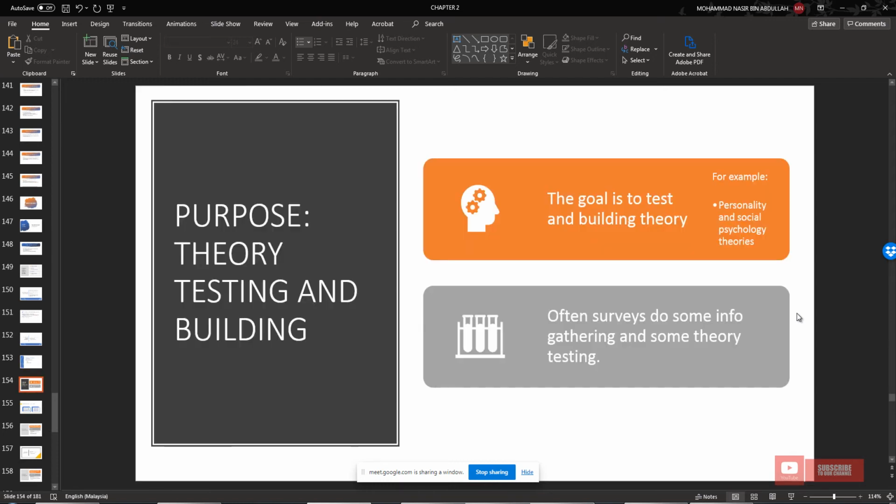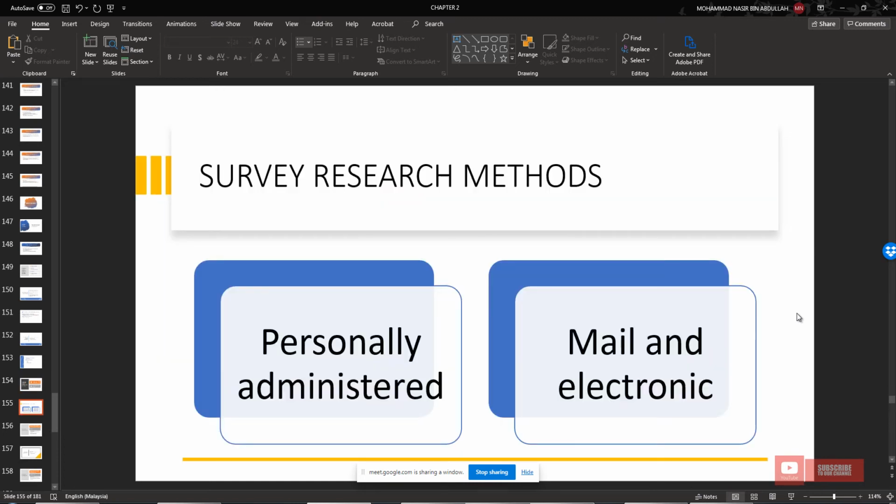When you want to do theory testing and building, for example, personality and social psychology theories, you want to test the theories. So often surveys do some info gathering and some theory testing. Normally, some research is doing both objectives, getting the information and doing the theoretical testing, right?